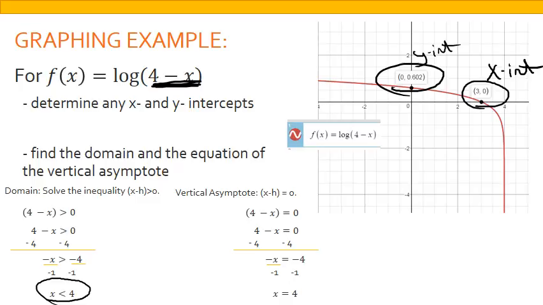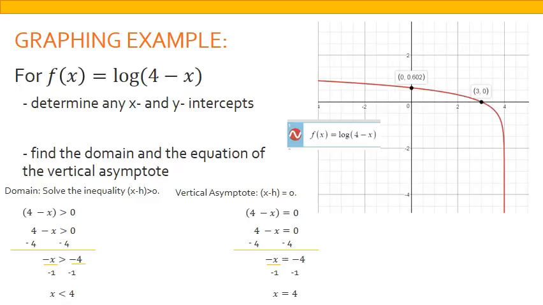All right, so then for your vertical asymptote, you're going to take that x minus h, that part inside the parentheses, and you're going to set it equal to 0, so you get x equals 4. Okay, so that means the line x equals 4, and I'm kind of drawing it dotted, is your asymptote.